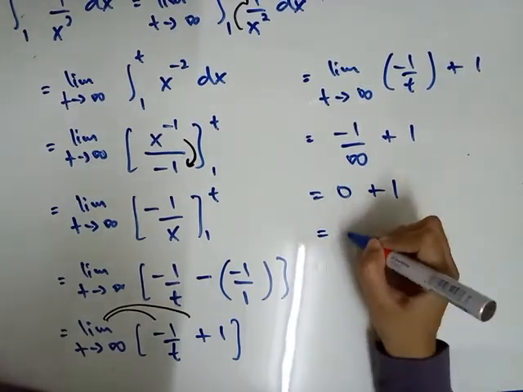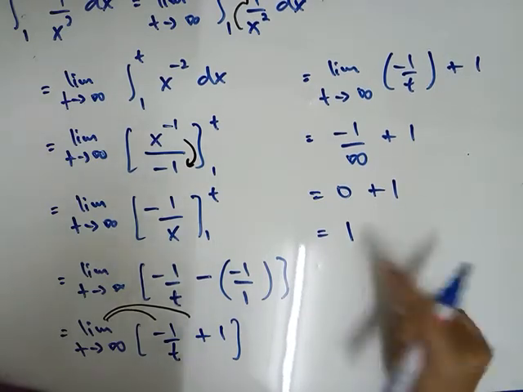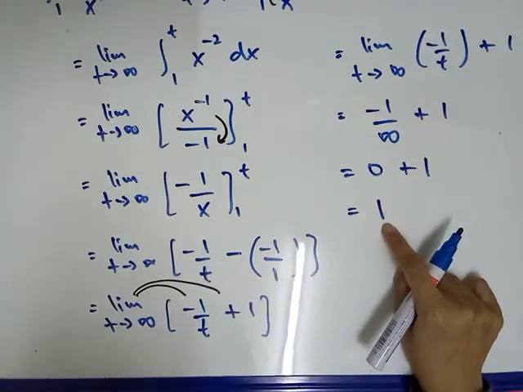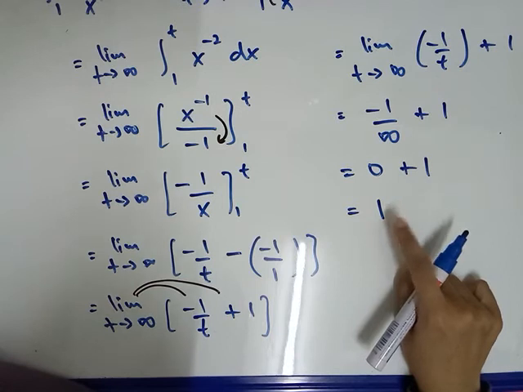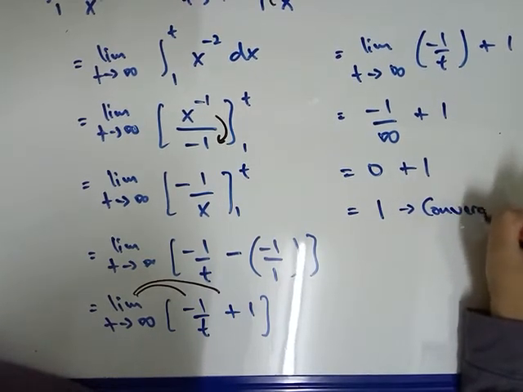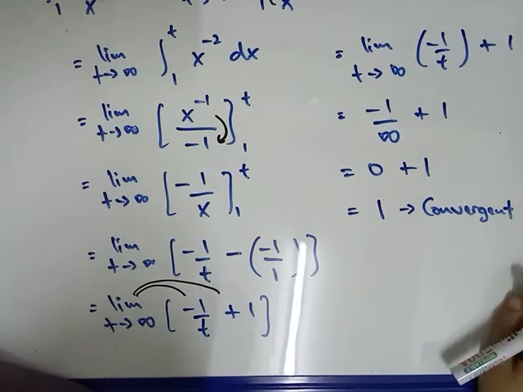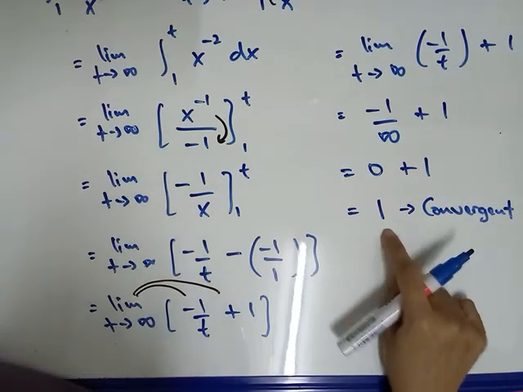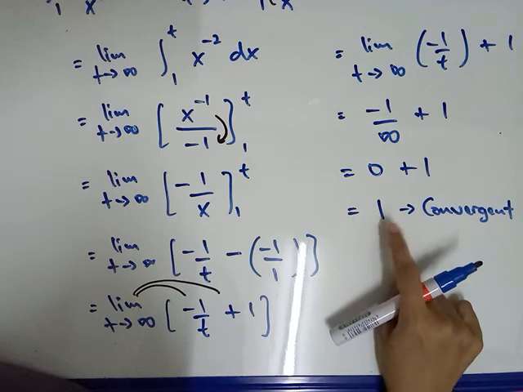So the answer is 1. That means the limit exists, so we can say that this is convergent. It is convergent because the limit exists. We have a single number here.